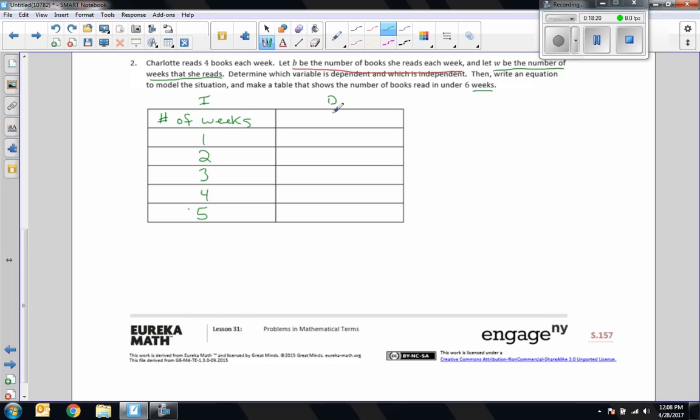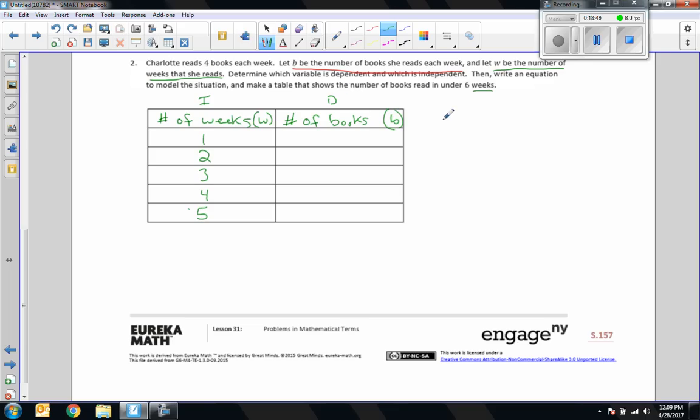The dependent variable is B, and this is number of weeks, W. And this is going to be B, which represents number of books she reads each week. Okay, so we have the equation.